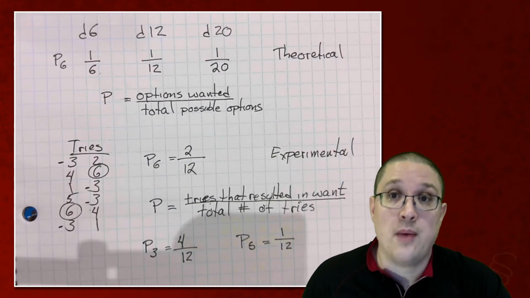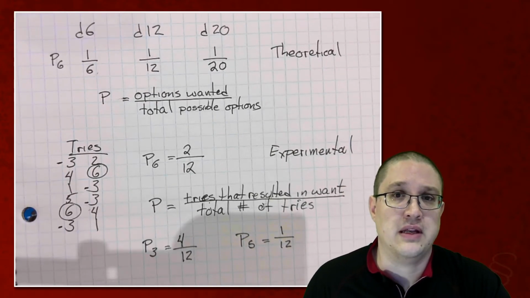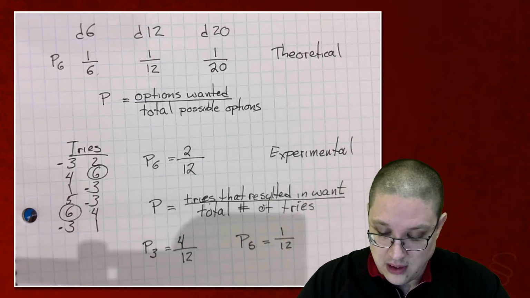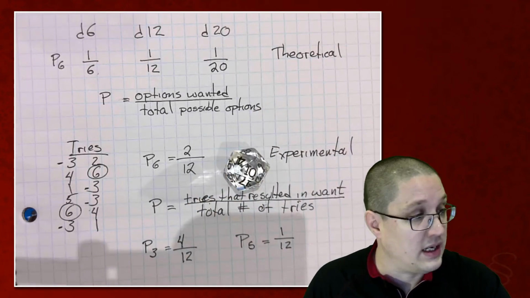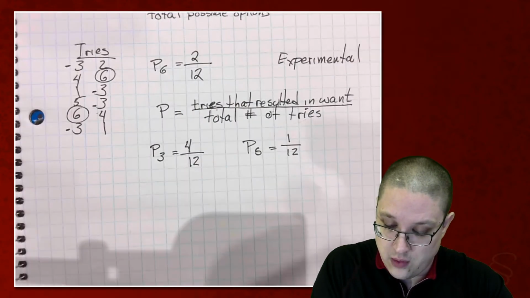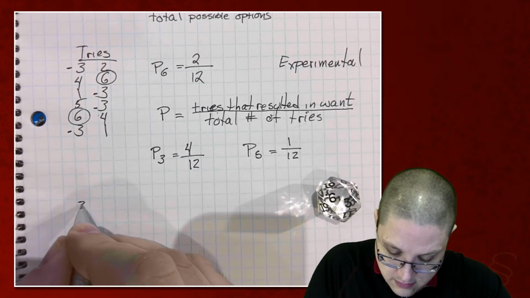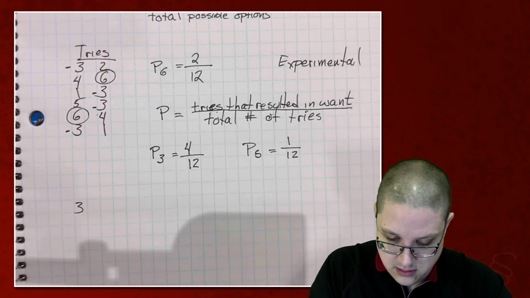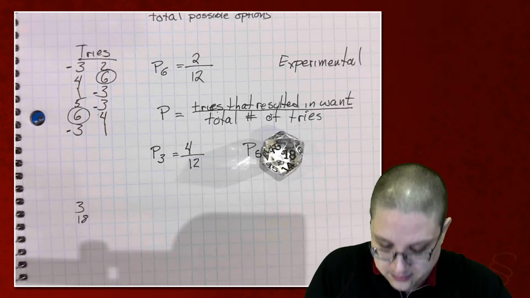Now, if I stop my experiment too soon, I might get weird probability, and that might not work out very nicely. For example, if I take this die, let me roll my fancy clear D20 here. If I roll this and go, hey, I got a 3. I'm going to roll it one more time. Oopsies. There we go. I got an 18.